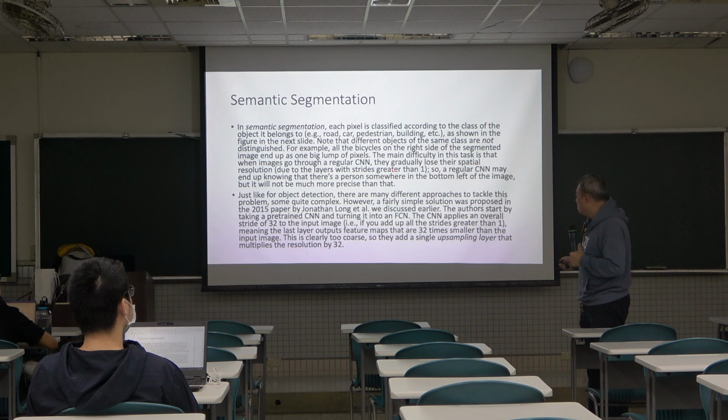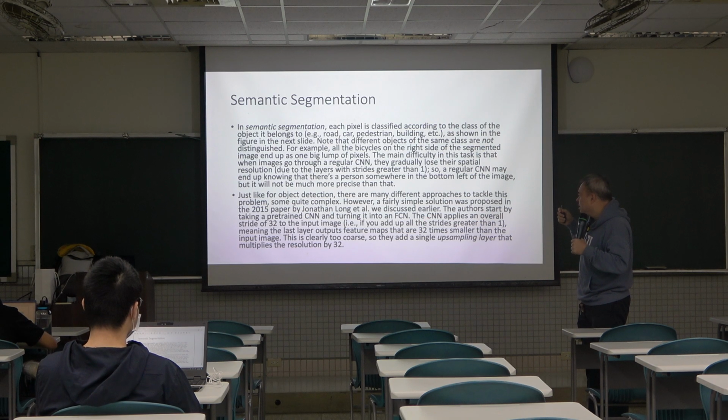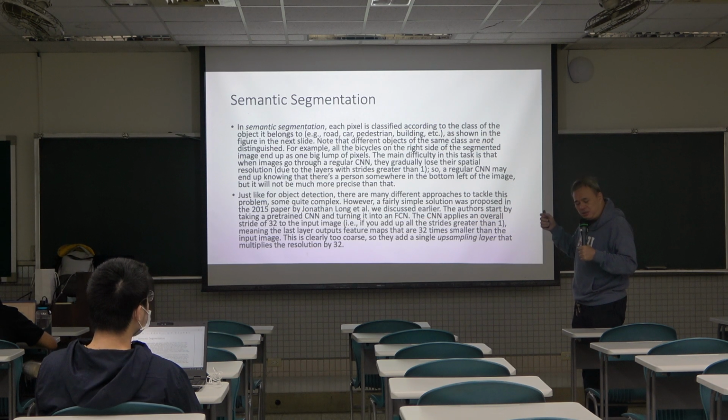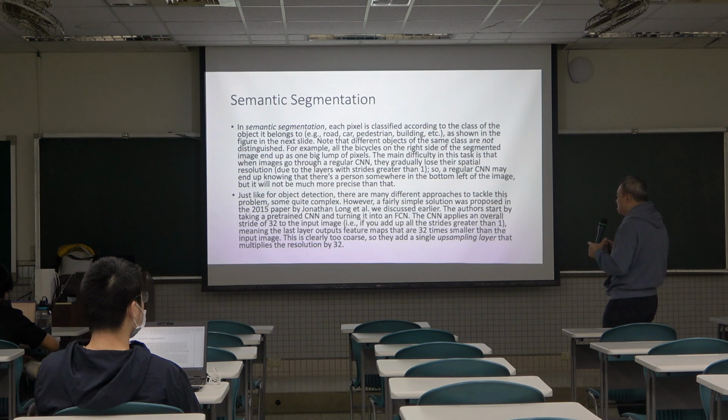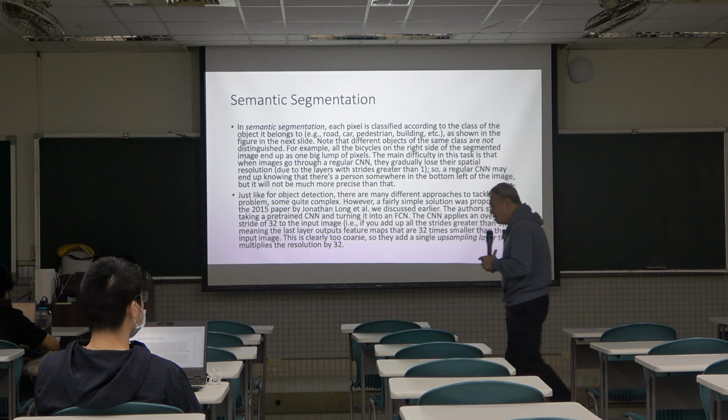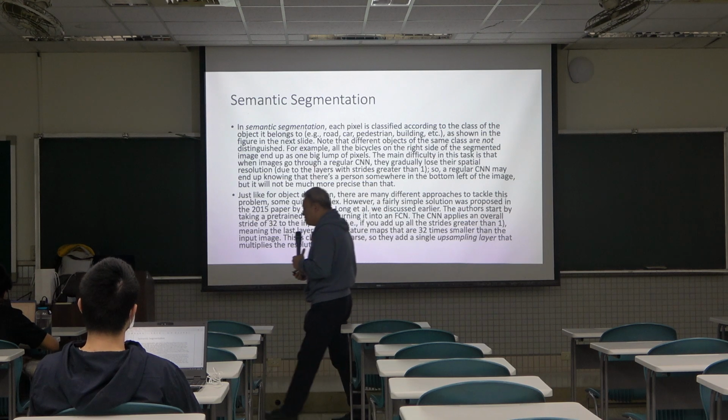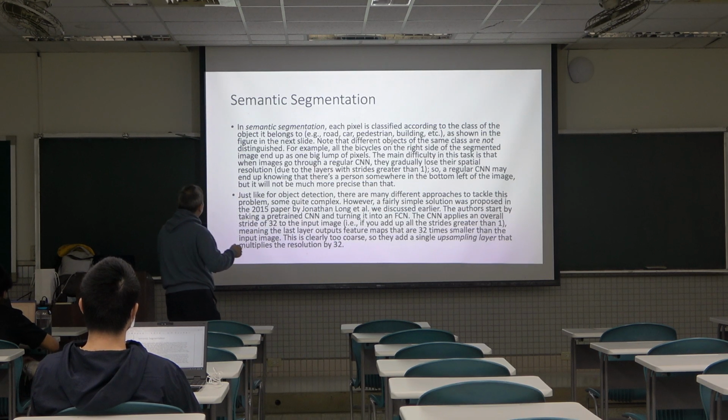So at the end, the CNN model may be able to tell there's, for example, a person somewhere, but it may not be able to pinpoint the exact location of that person. That's the difficult part of semantic segmentation.